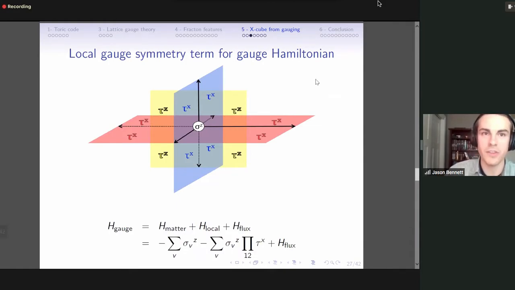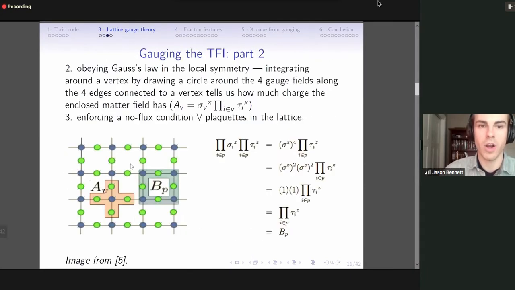The next step is just like we did in gauging the transverse Ising model. I have a local, kind of Gauss's law term, where I'm integrating around my gauge fields, and it's going to tell me how much charge is on my vertex, where my matter field is. In this case, we've got 3 dimensions.